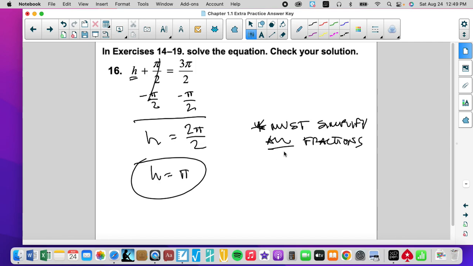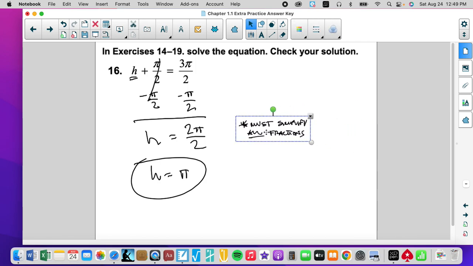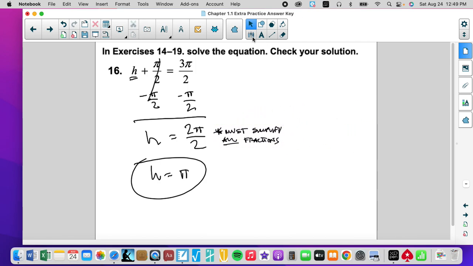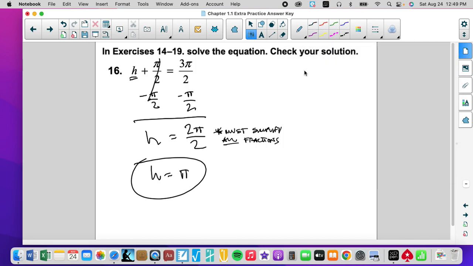Now we want to check. Let's take this and make this a little bit smaller. Move that over here. And let's check our solution. So if we check, h is pi minus pi over 2, does that equal 3 pi over 2?